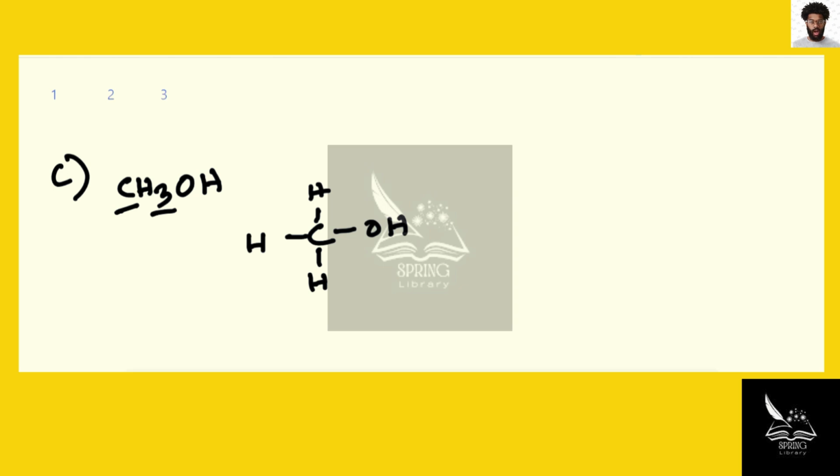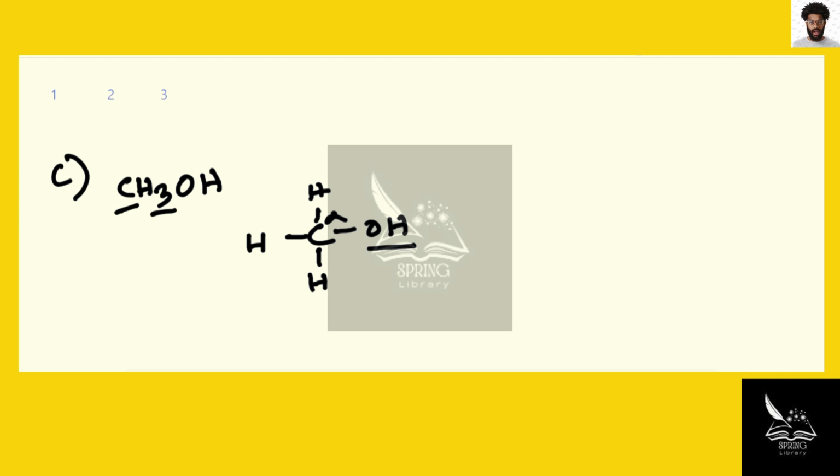So the rule for counting is for the central carbon atom or the alpha carbon atom. Here we have only one carbon, but when we have 2 carbons, then we have to find out the oxidation number of the alpha carbon, and alpha carbon is the carbon which is attached to the functional group of the compound. Here the functional group is OH, so this carbon is the alpha carbon, and we don't have to worry about that.